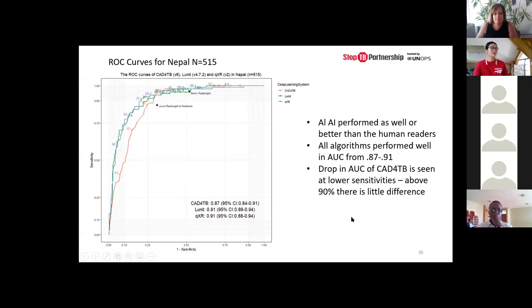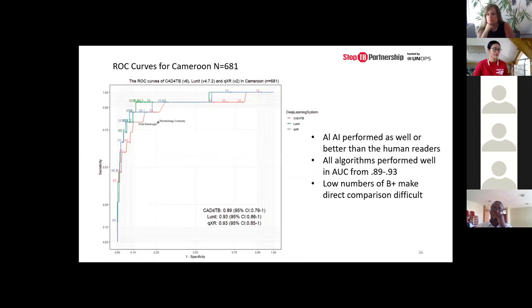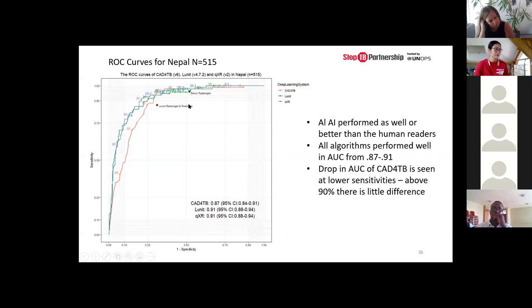You can see that the slightly lower performance of CAD4TB there was due to the space that Jijen is showing in the red at lower sensitivities. Once you get up to a higher sensitivity, essentially the 3 software perform the same. And you can also see that all of them outperformed the human readers, the 2 human readers, or performed similarly to the human readers that read those images.